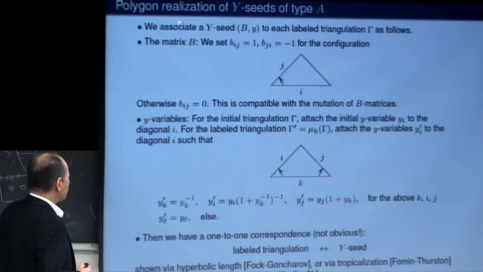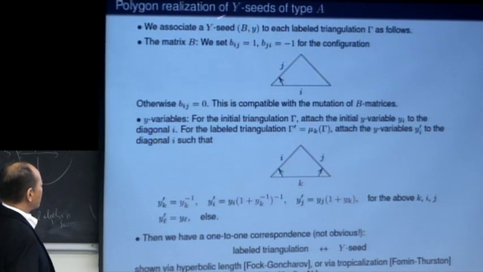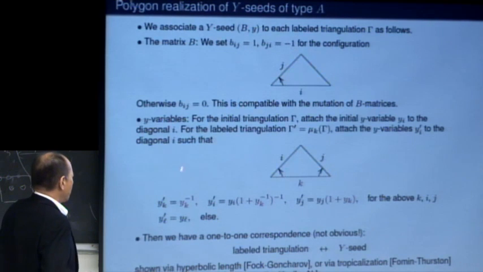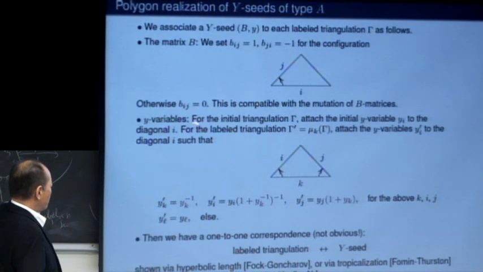Now, let me explain how one can realize these Y seeds using a polygon. We associate a Y seed to each labeled triangulation of a polygon as follows. The matrix B is defined this way: if you have a triangle like this, and if you have an angle from i to j in this way, then we attach this number. Otherwise, it is 0. Then a Y variable is defined in the following way.